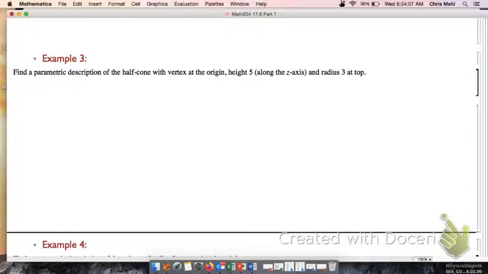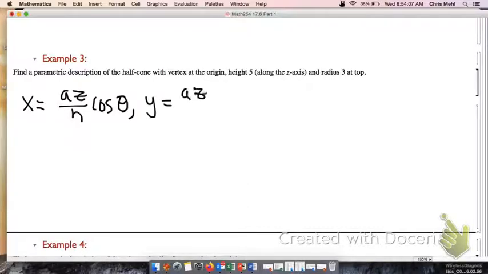Okay, so now if I rewrite that again, x is az over h cosine theta, y is az over h sine theta. And I'm actually just going to let z be a free variable.